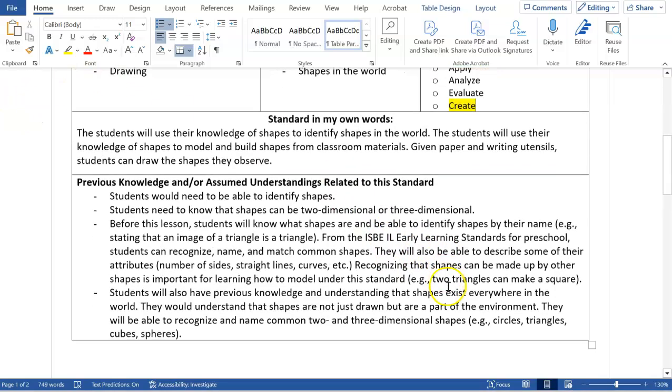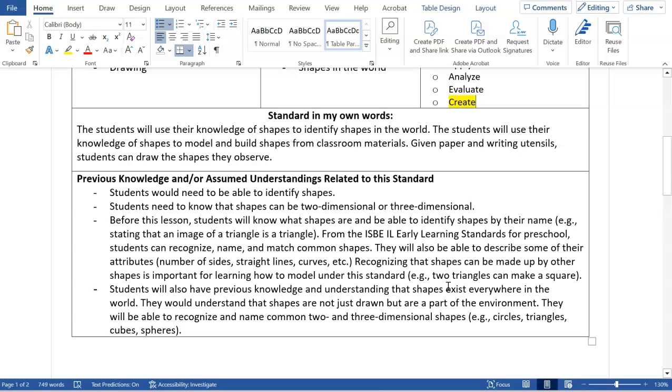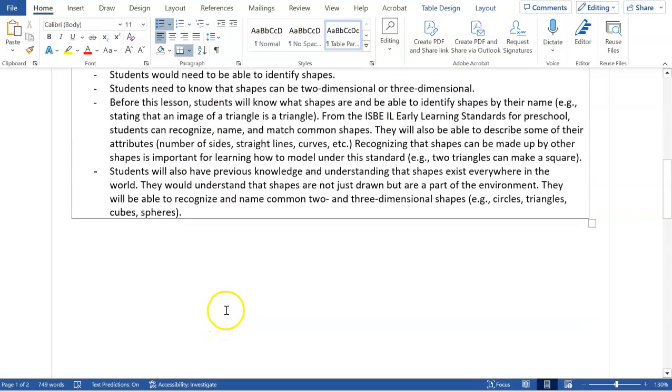Since you're writing this for a group of fictional students that you're making up, you can really only go from what you would assume students in that age range or grade level would know. It's sometimes helpful to go back to the standards for the year before to get a better understanding of what to include here. But those are the types of things that you would put in this section.